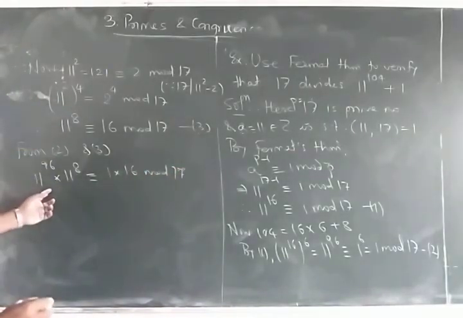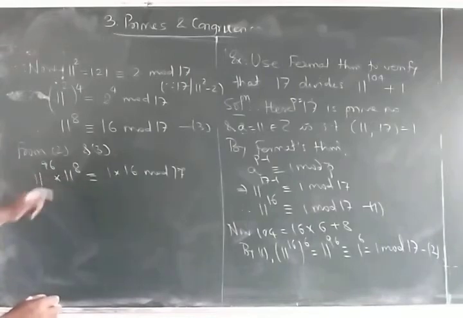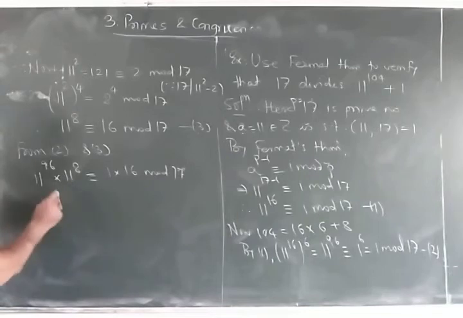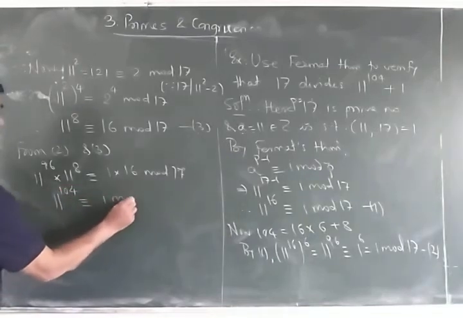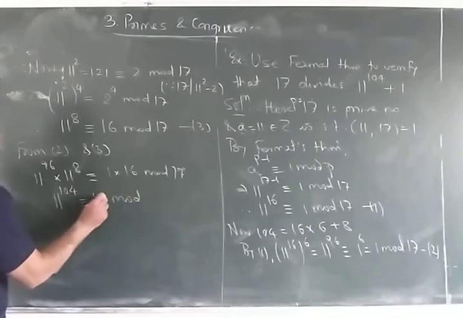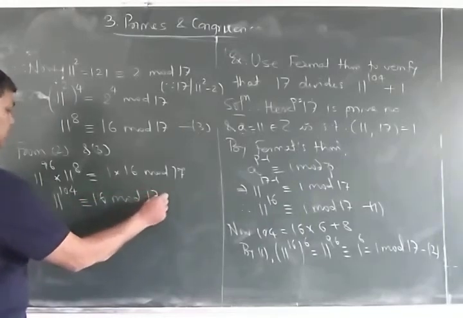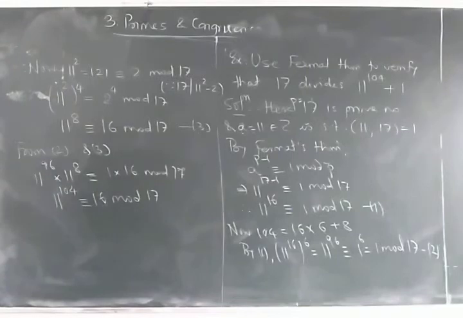But what is this? 11 raised to 104 is congruent to 16 mod 17. Is it clear?